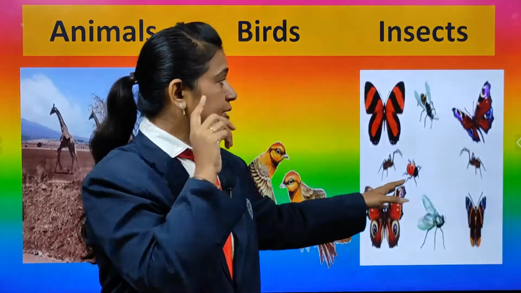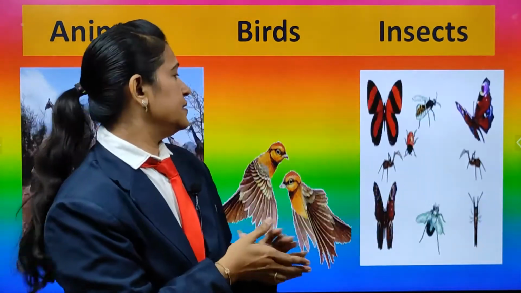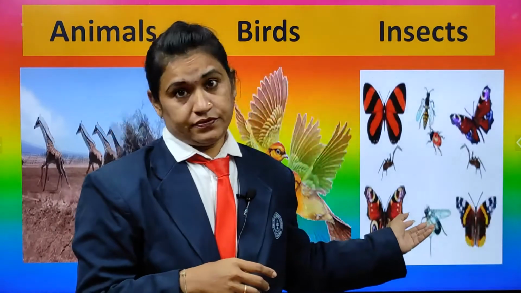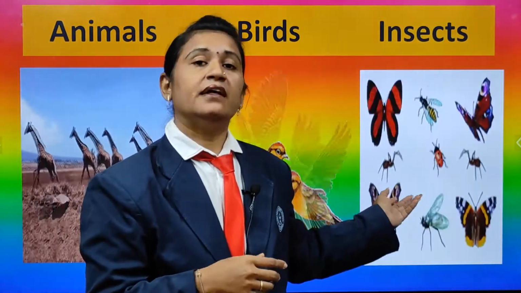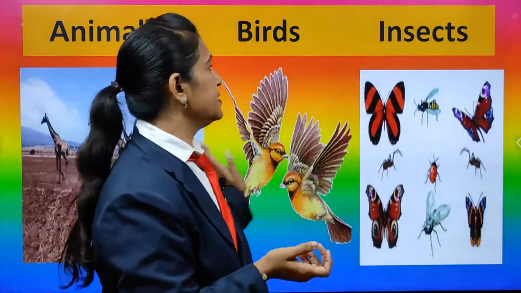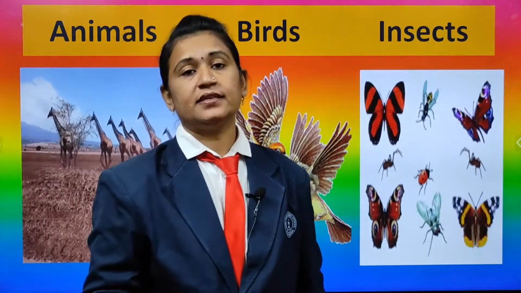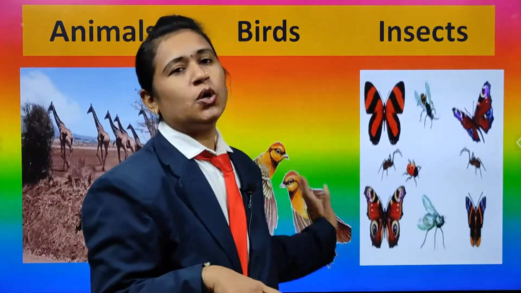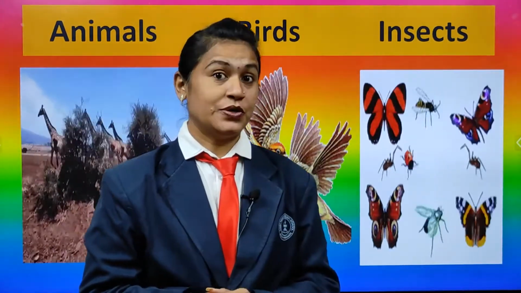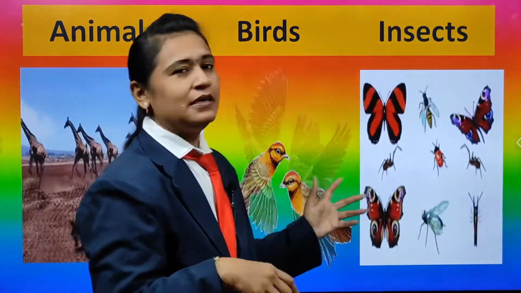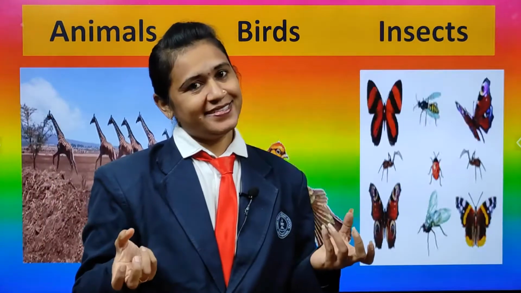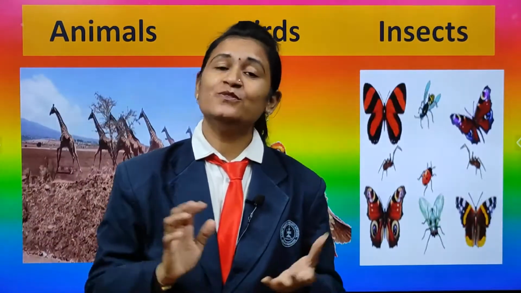Then different insects are there, they also have life, they are alive and they also die. So all these things are called living things. What are they called? Living things. All these are beautiful gifts of God which we get, no? We like to see everything. We like birds, we like insects, many animals also we like to watch.